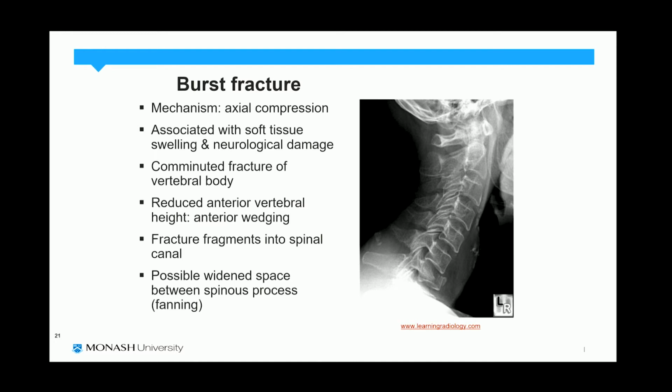It results in a comminuted fracture of the vertebral body, and here you can also see that the posterior vertebral line has been affected, and in the vertebral body you can see that there is a drop in height in the anterior vertebral part, so you've got anterior wedging. And then when we look at the spinous processes, we can see that there is fanning or widening of the spaces between the spinous processes.